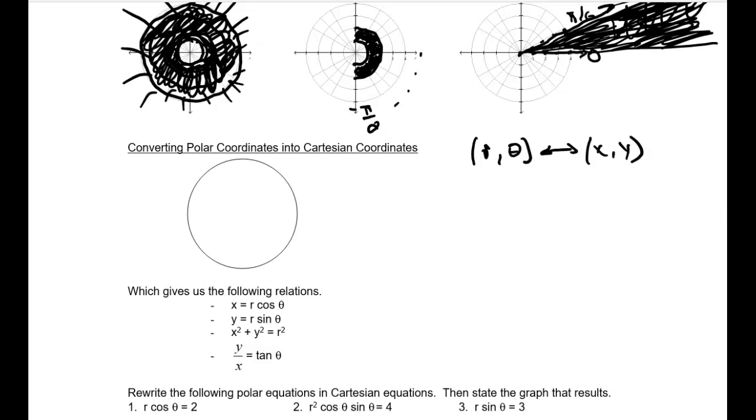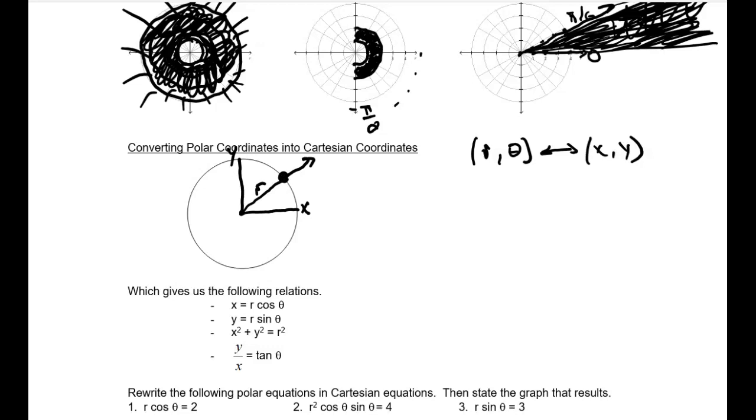The conversions are based off of this as a circular measure. If we put a dot in the middle, draw out an x-axis, draw vertically a y-axis. So here's x, here's our y. And then draw out a ray so that we hit our circle. This is then the radius of the circle.